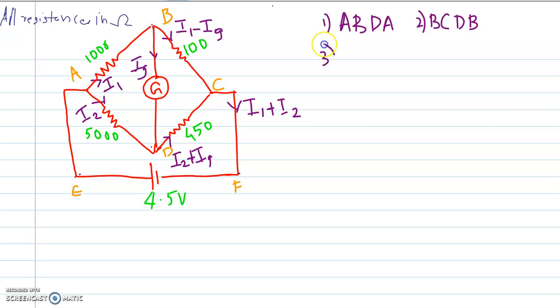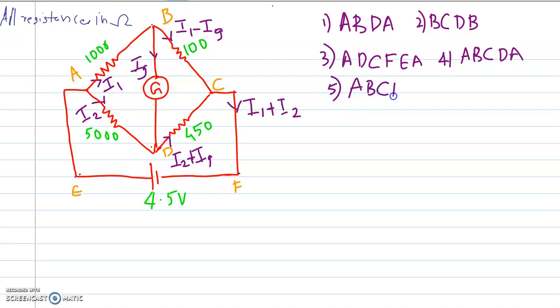The third one is ADCFEA. The fourth one is ABCDA. The fifth one is ABCFEA. So many loops or meshes are possible.